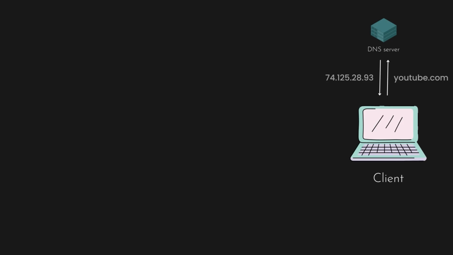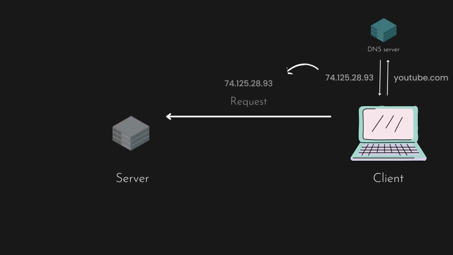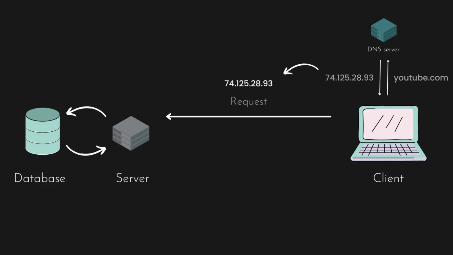So now when the browser of your client computer gets the response from the DNS server, which is the IP address, then it makes a request to that IP address, which is just received. So that is the IP address of YouTube. So our client computer makes a request to the server computer of YouTube. Now in server, it does some computations and all, and gets some data from database.